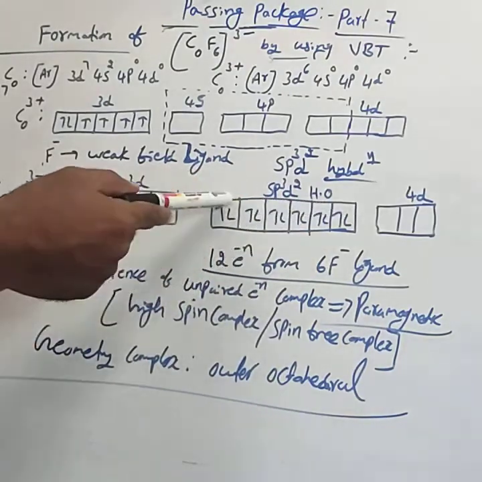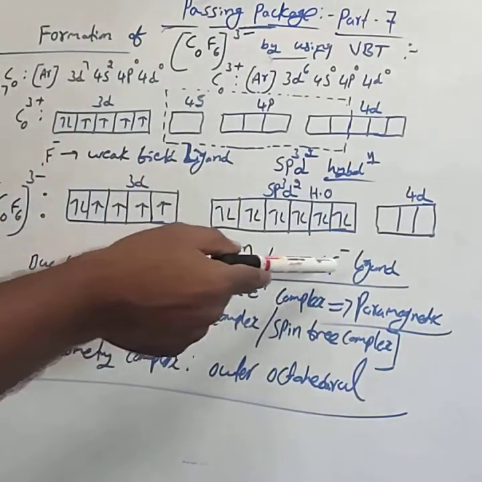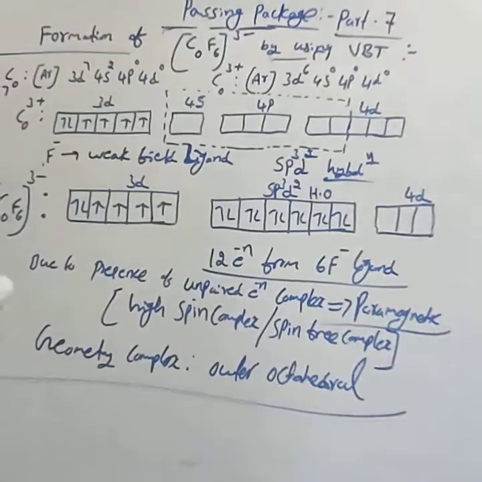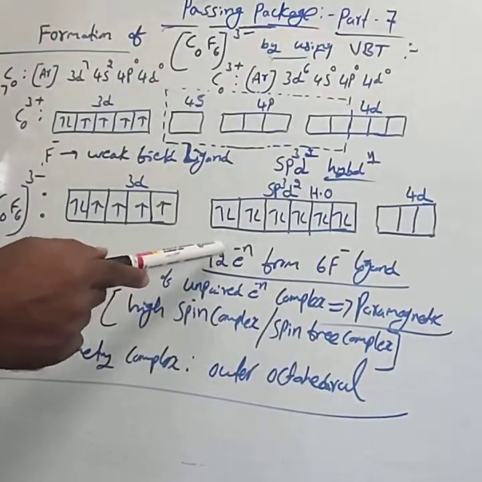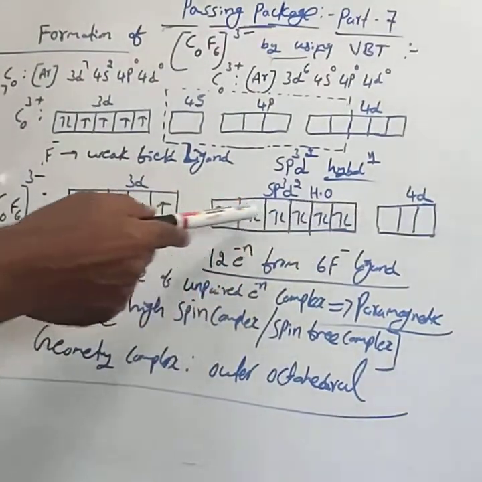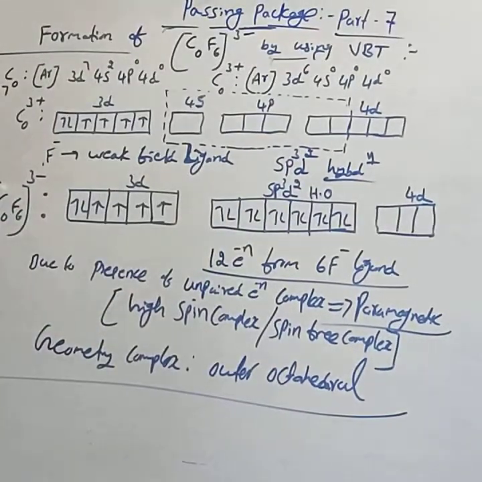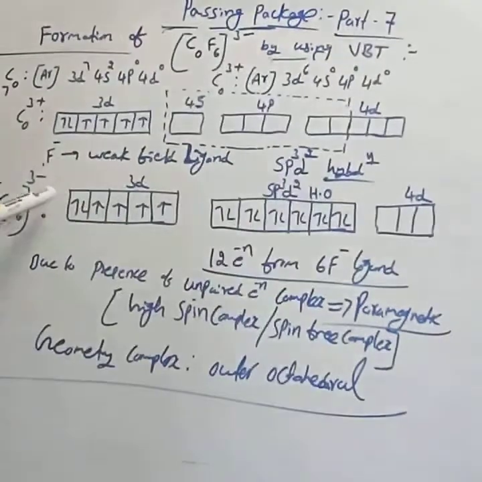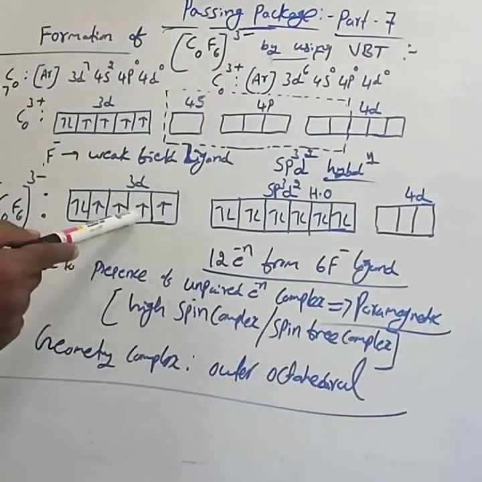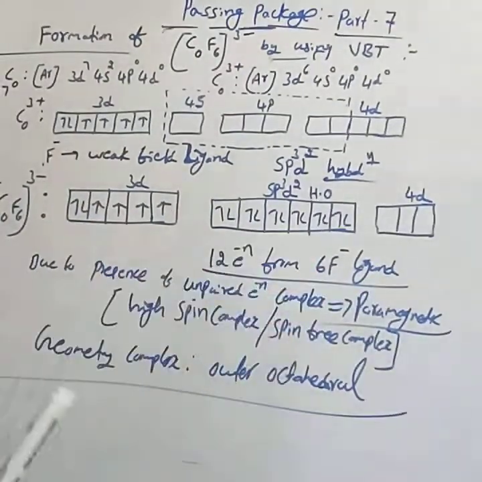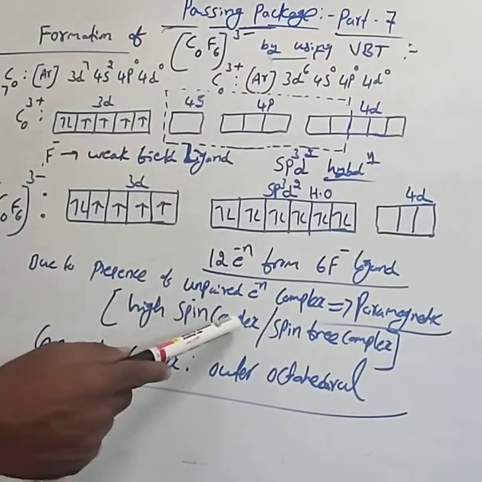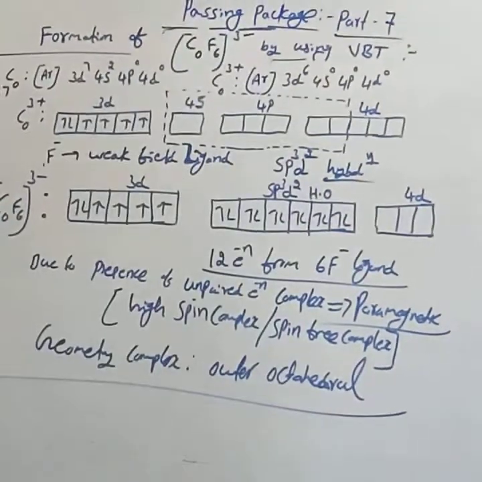Those vacant hybrid orbitals overlap with filled orbitals of the fluoride ligand. They donate 12 electrons, which get accommodated in the vacant hybrid orbitals. Then this is the [CoF6]3- configuration. That complex contains unpaired electrons, hence it is paramagnetic, also called a high spin complex or spin free complex. Geometry of the complex is outer octahedral.